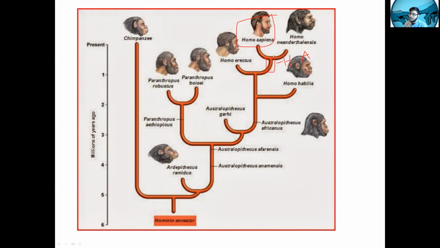Over time, these two groups of HAs each had to adapt to their environment, and they underwent selection for different traits based on their environment, based on what animals or food was around them. Eventually, these two groups became so different from each other that one of them became known as Homo sapiens, and the other became known as Homo neanderthalis, or Neanderthals, as we call them in simple terms.